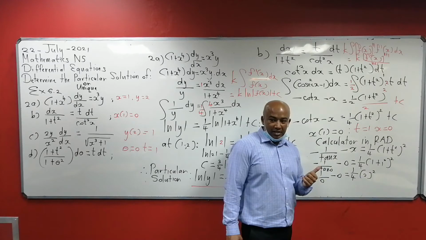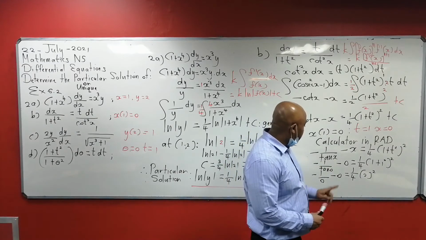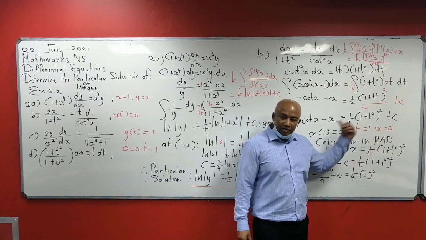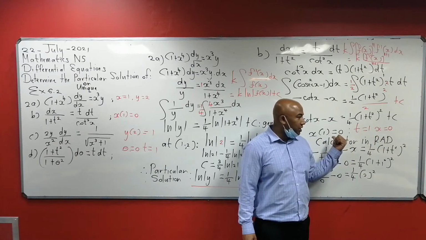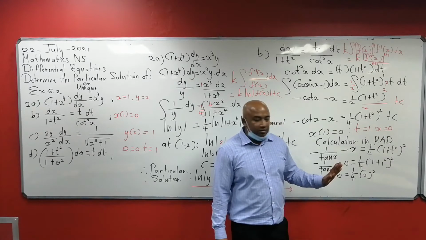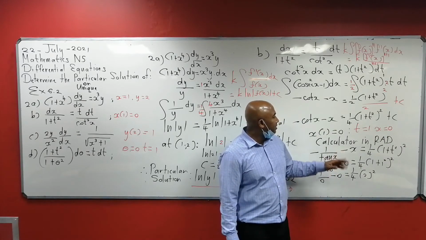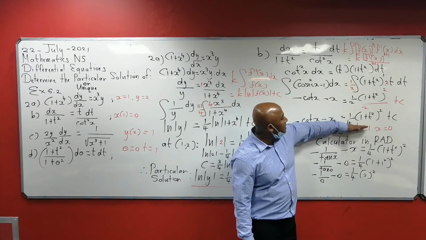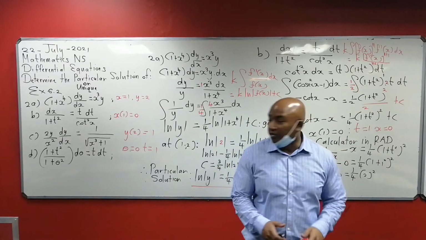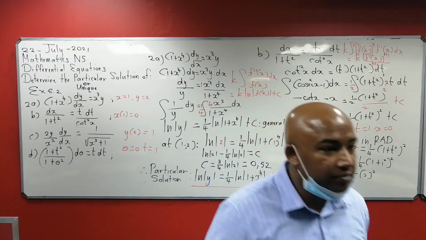But this is not limits now. So the error here was that this has to be swapped around in order for it to work out. But at the moment this is undefined, so I'm just going to leave it as it is. We will just stop at the general solution here. That's it. Let's move on to the next example.